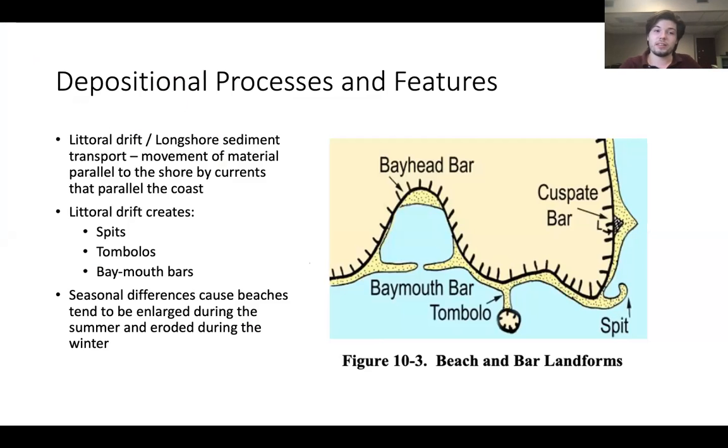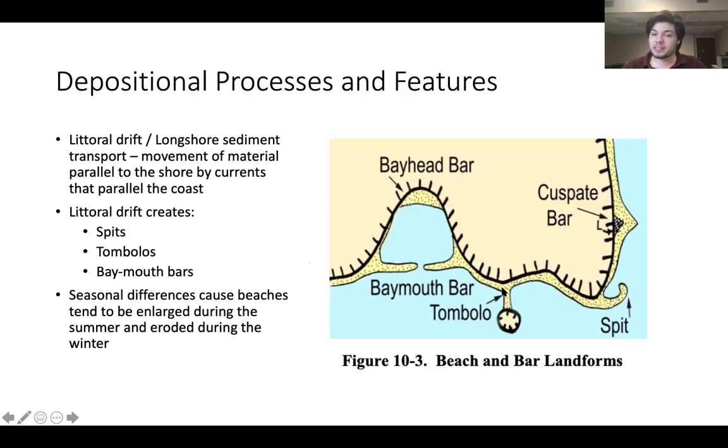On the other hand, in terms of depositional processes and features on coasts, littoral drift or longshore sediment transport is the movement of material parallel to the shore by currents that are parallel to the coast, called littoral currents or longshore currents. Littoral drift creates spits, tombolos, and baymouth bars, which you can see in this image over here on the right. So a spit is sort of this curved bit here.